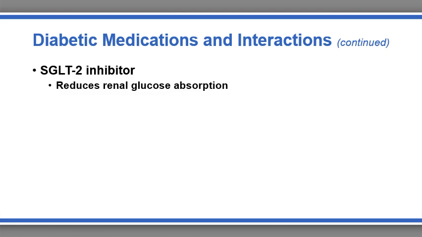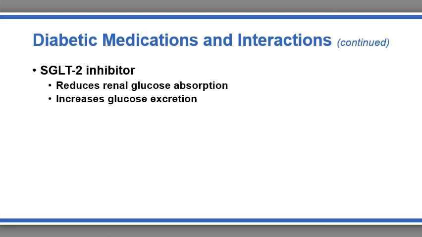So the idea of the inhibitor is to reduce the function of that and decrease renal glucose absorption. So instead of absorbing the glucose, we're looking to excrete it. All this extra glucose, we're basically looking to excrete it in the urine. So we're preventing that reabsorption of the glucose back into the circulation.